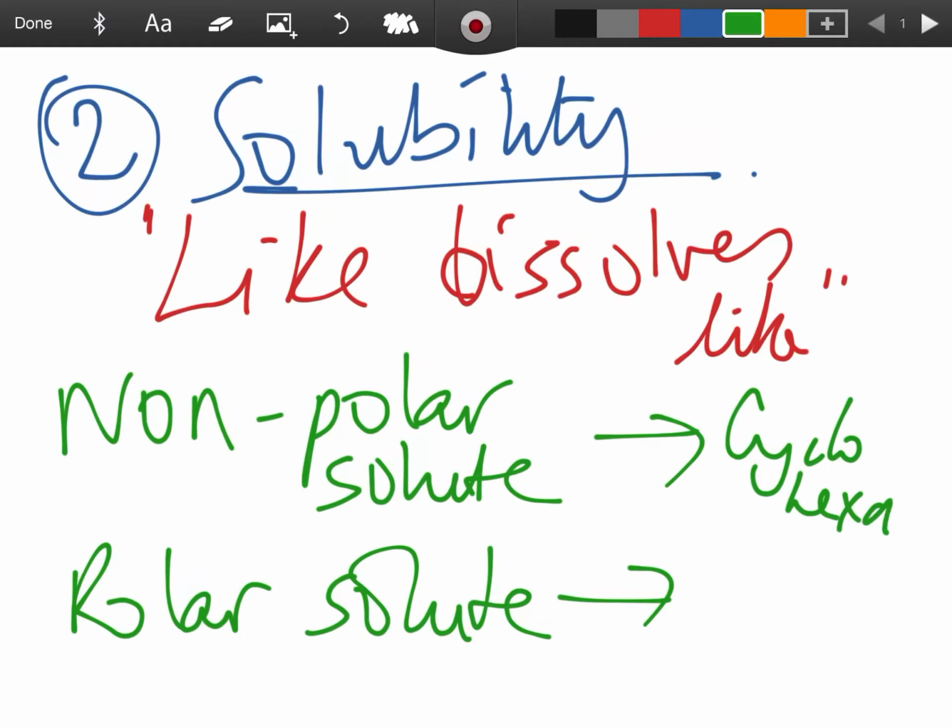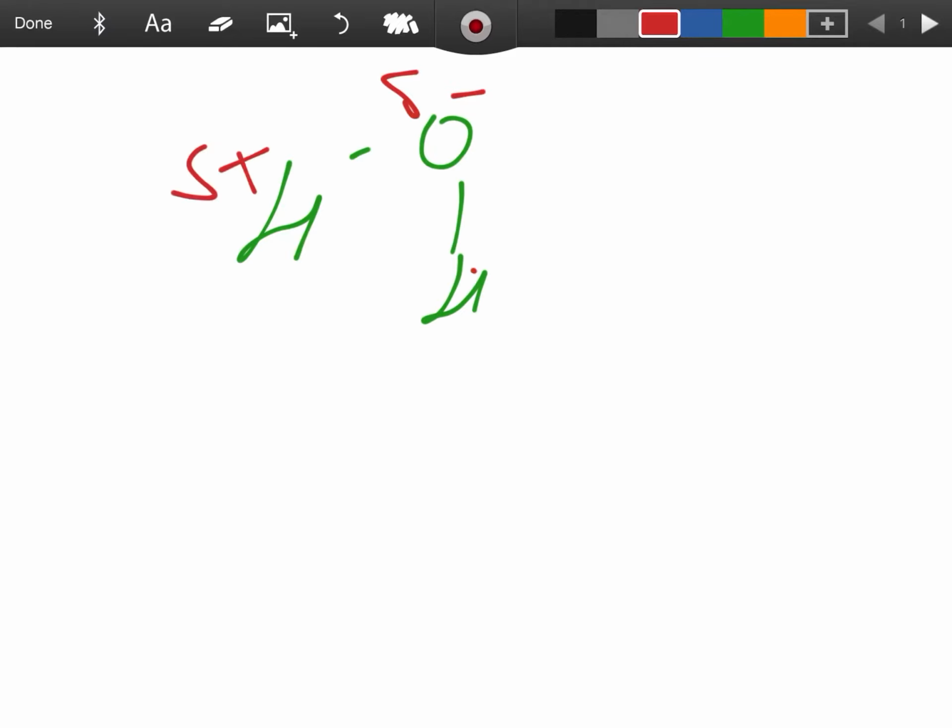If it's non-polar, it will not dissolve in a polar solvent like water. It will need something like cyclohexane, okay? So like dissolves like. So non-polar solutes dissolve in non-polar solvents. If it is a polar substance, yes, it will dissolve in water, because water is our most common polar solvent.